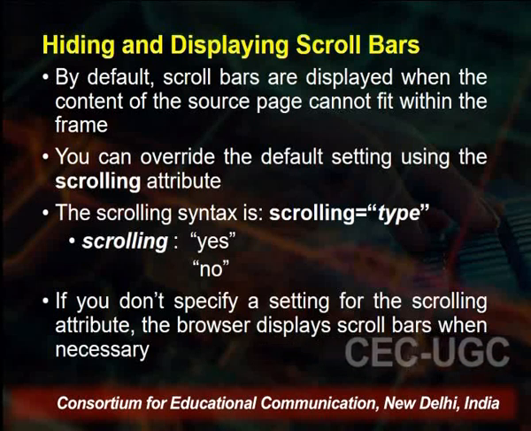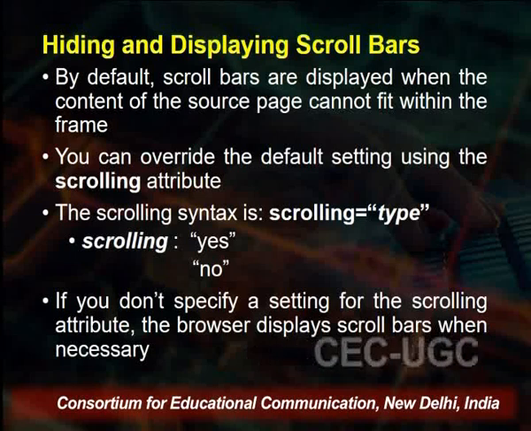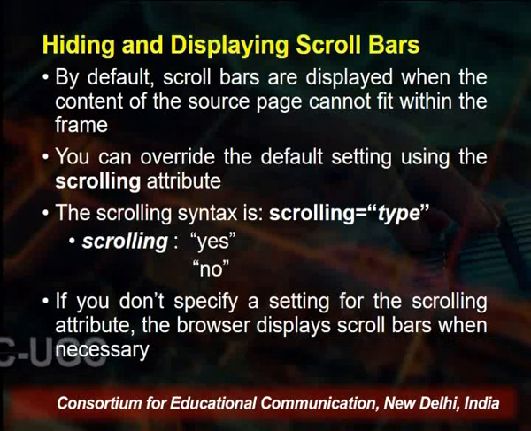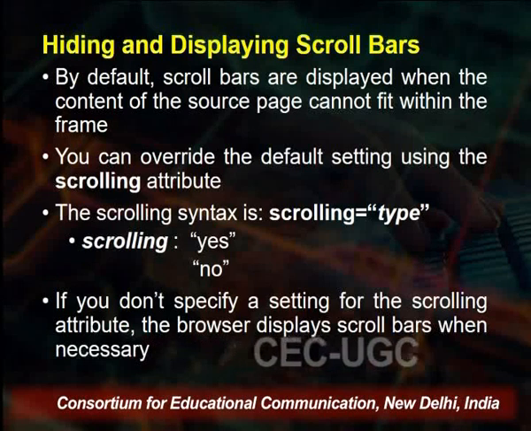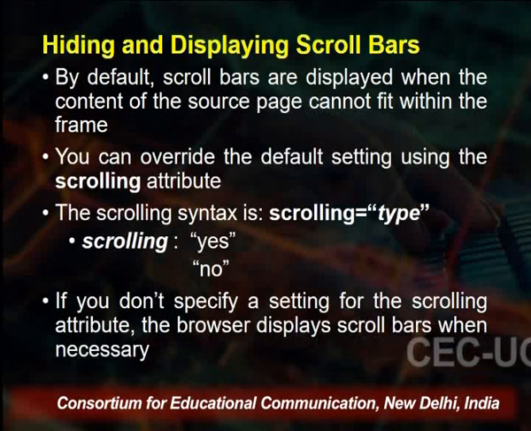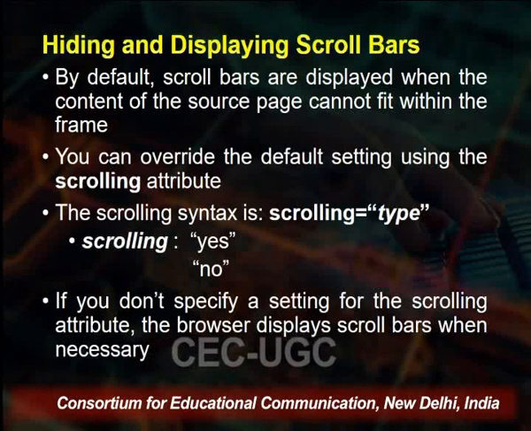You can write scrolling is equal to no if you do not want the user to be able to scroll down, and you can also write scrolling is equal to auto. Auto means that whenever required, that is when your file is going beyond the window, then the scroll bars will appear, otherwise they will not appear. So, the default in this case is auto.